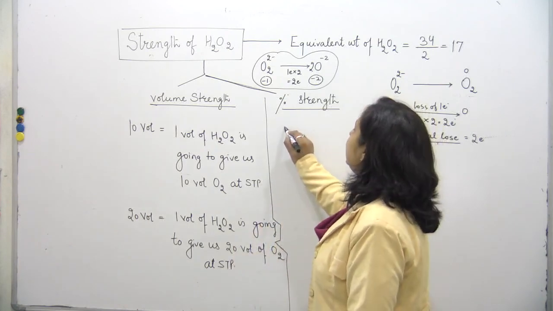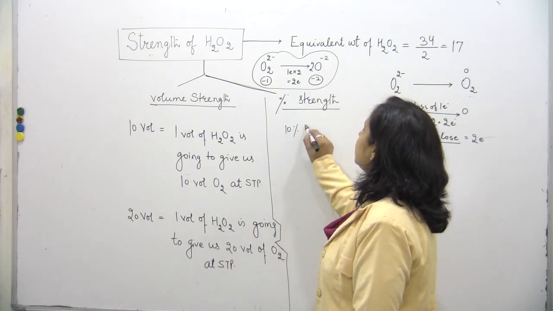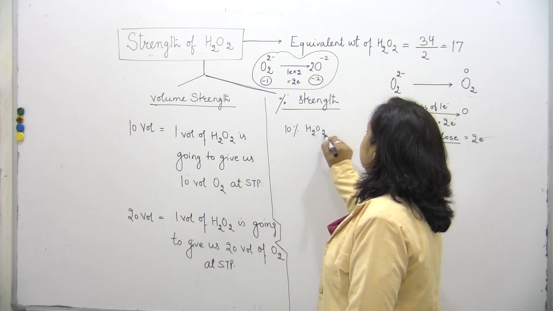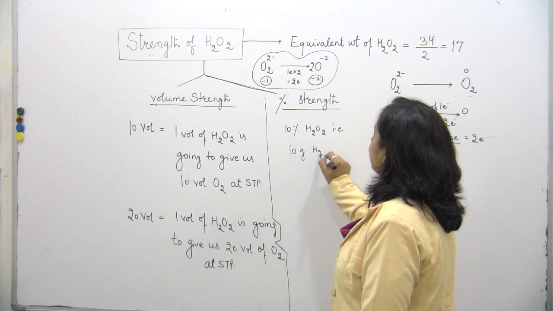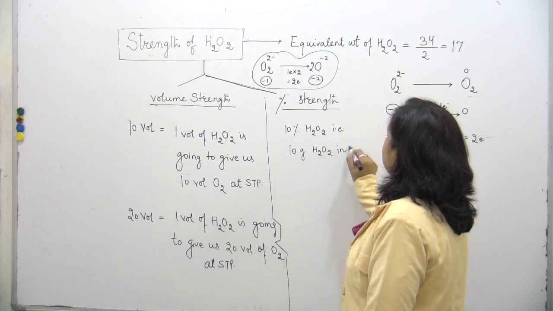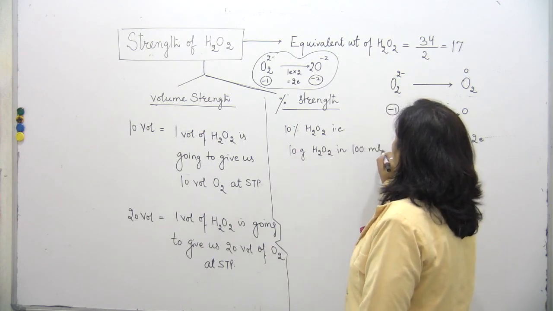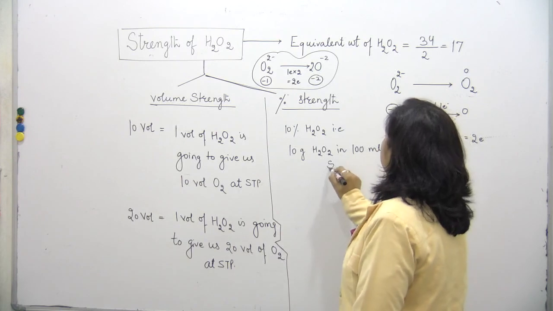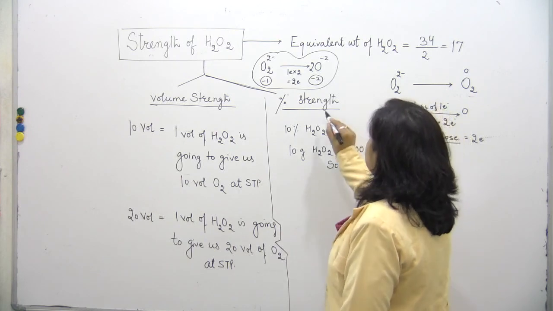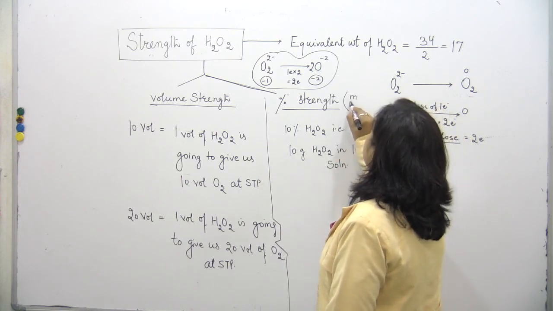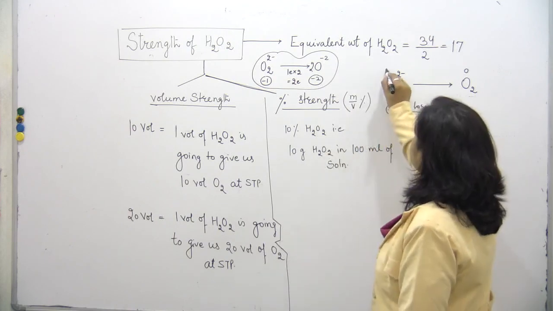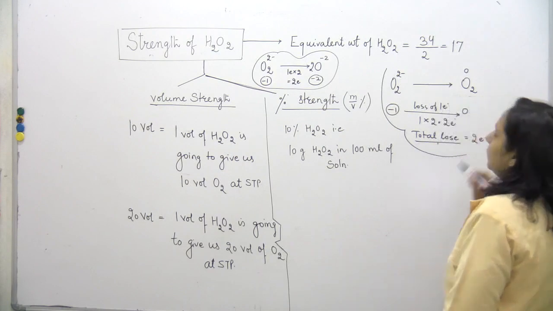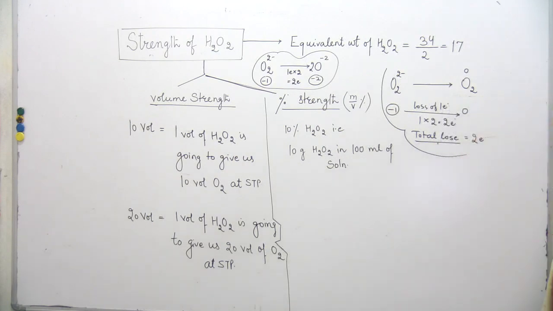Percentage strength is when I write 10% hydrogen peroxide. That means 10 gram hydrogen peroxide in 100 ml of solution. Important here is that this percentage strength is mass by volume percentage. 10% means 10 gram H2O2 in 100 ml of solution.